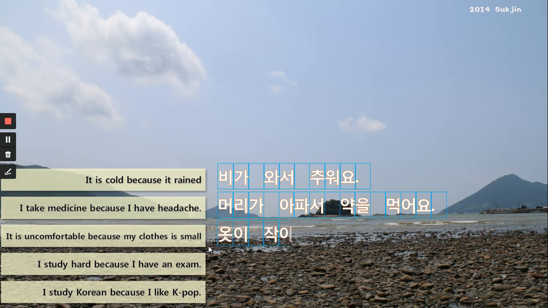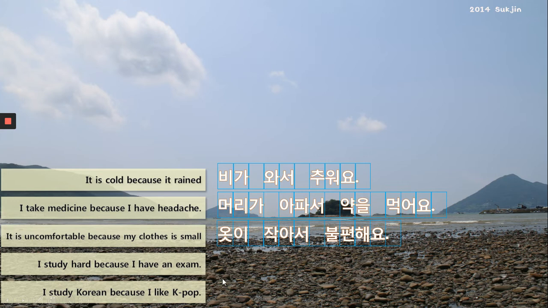Bright vowel, so 작아서. 옷이 작아서 uncomfortable. 불편하다 and 하다 verb, 불편해요. 옷이 작아서 불편해요. If it means "close," it's doubled, right? So in Korean we just use one. It has meaning. My clothes are uncomfortable.